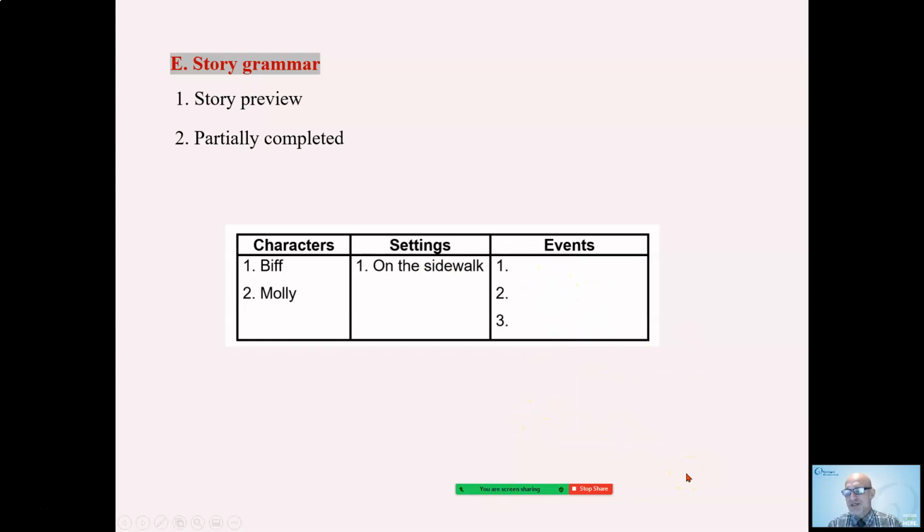And again, this should be done pre, during, and maybe post. In the old days, they'd finish reading and you'd slap something like this in front of them and you'd say, find the events. But that does not get them cognitively engaged during the act of reading. So we use it as a pre and during activity, and maybe some post, but mostly pre and during.